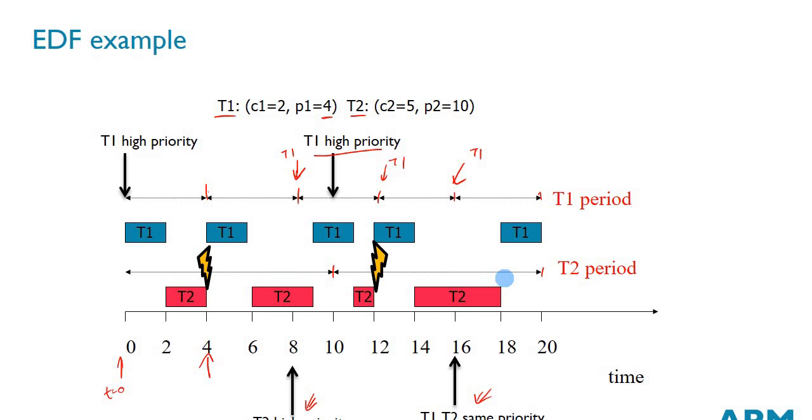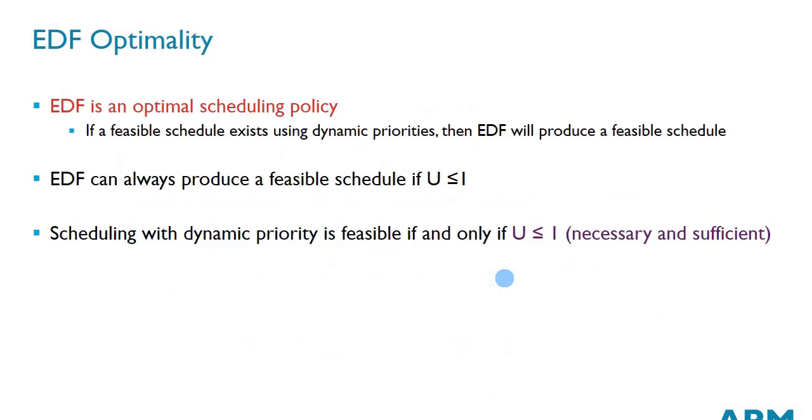So that is the earliest deadline first scheduling approach. It is based on a dynamic priority, so the priority of the task will keep on changing as you are executing the code in the system. That is how EDF works, and it is an optimal scheduling policy. As long as the utilization is less than or equal to 1, EDF will always produce a feasible schedule.